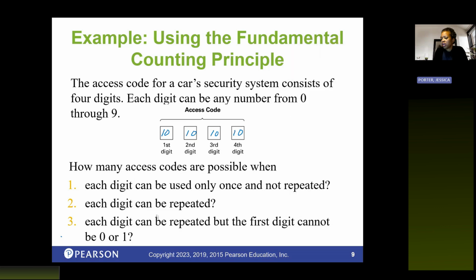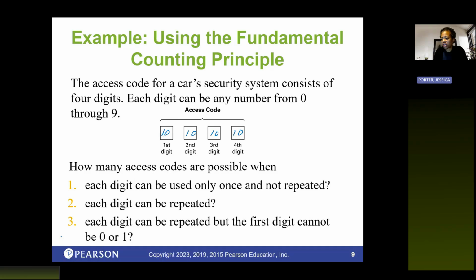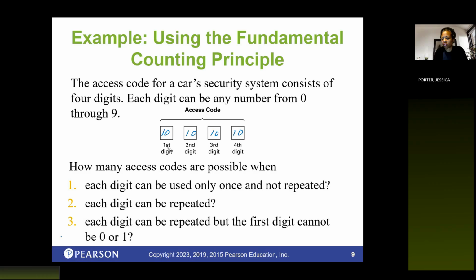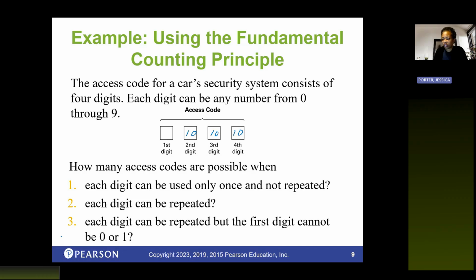Last one. Each digit can be repeated, but the first digit can't be 0 or 1. So what does that mean for the first digit? What are we going to change that first digit to? If the first digit can't be a 0 or a 1, how many choices do we have to choose from? Yeah. So you guys got this pretty much down.